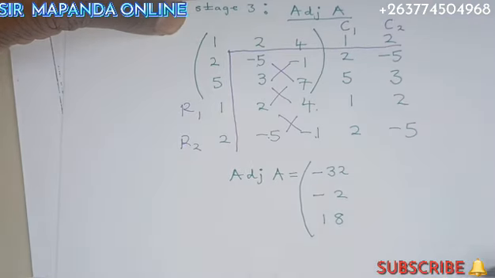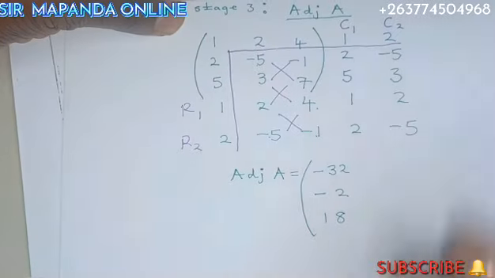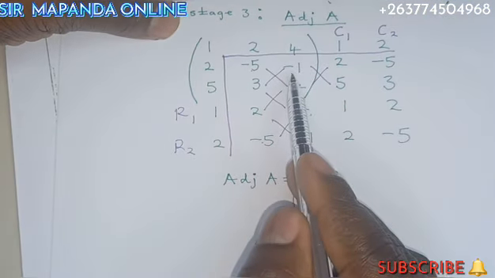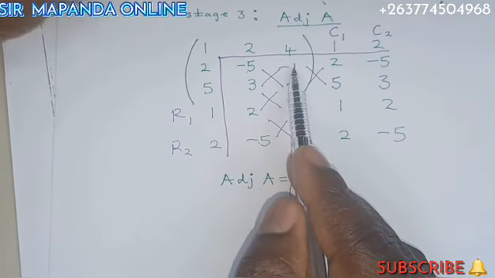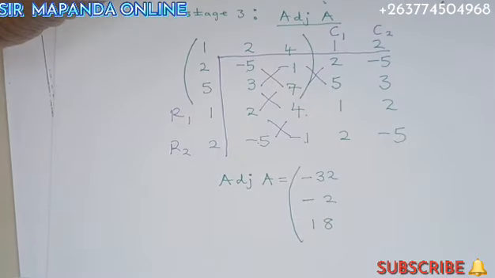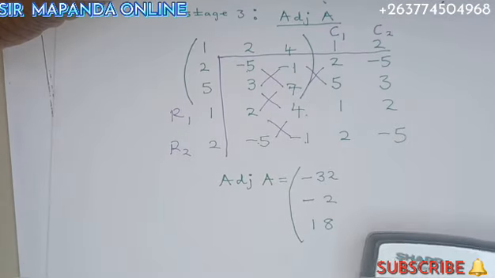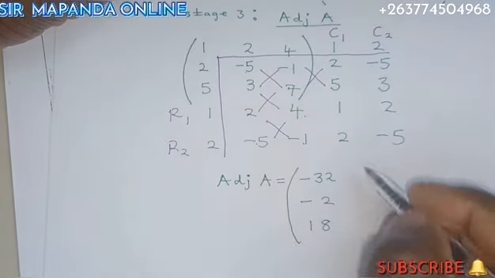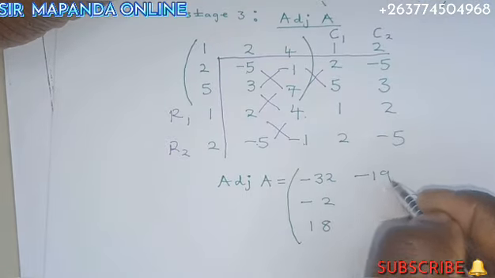I hope you are following, class. We are now moving on to the second column. For the second column, the first matrix is minus 1, 2, 7, and 5. I hope you are following. So you are saying minus 1 times 5 minus open bracket 7 times 2. You get minus 19. So this is minus 19.